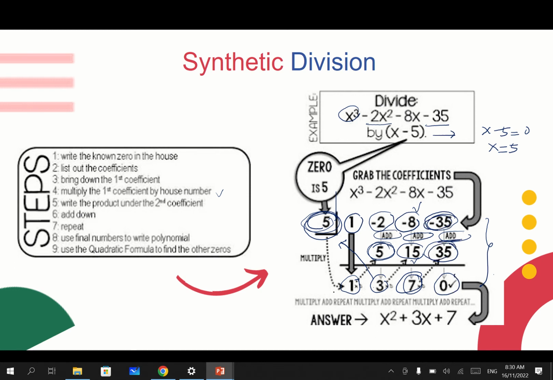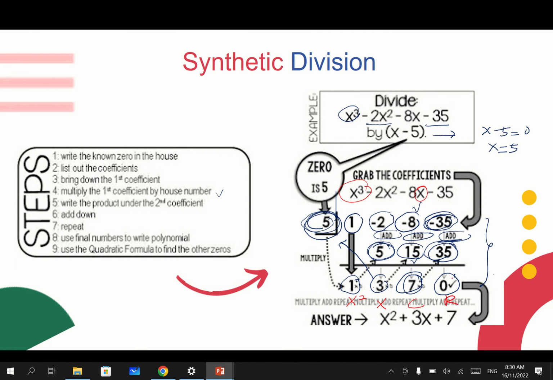Okay, all the values yang kita dapat kat bawah ni, kita reducekan dia punya variables and dia punya power, highest power lah. So kat sini macam x kuasa 3 kan, kat bawah ni akan jadi x kuasa 2. 3 ni akan jadi x. 7 daripada table bahagian x, dia akan jadi constant. And 0 is a remainder.